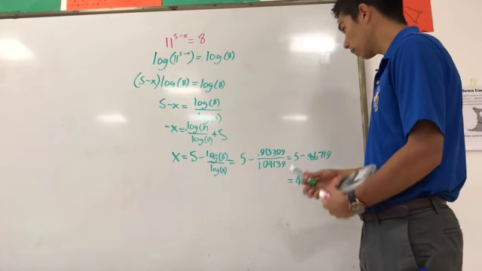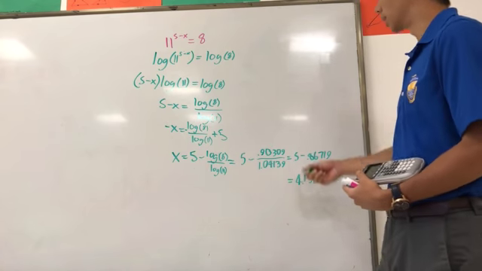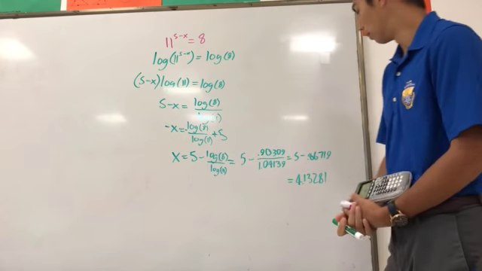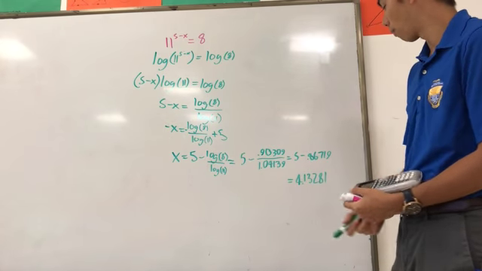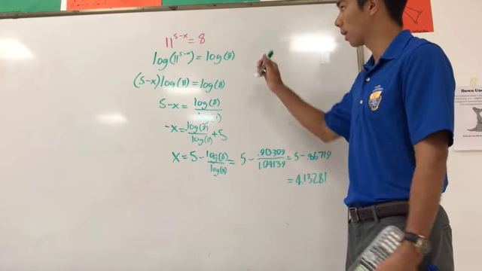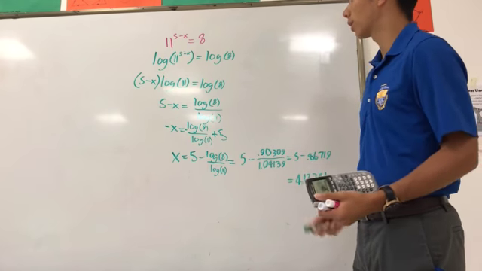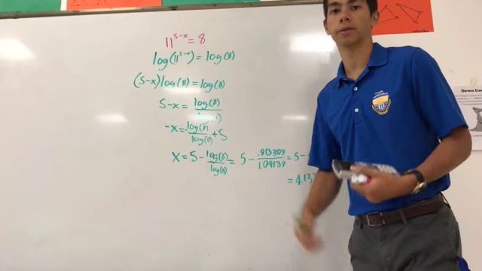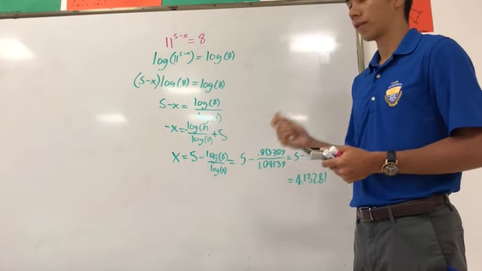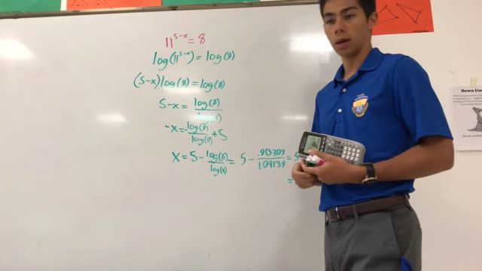Remember that this is x, so the solution to the equation up here is x equals 4.13281. We use our log properties, and basically all we're doing once we use them is trying to isolate for x. So this is our problem. Hopefully you can follow through it and then complete the problems that are below.